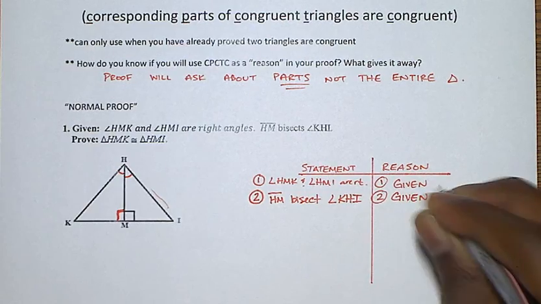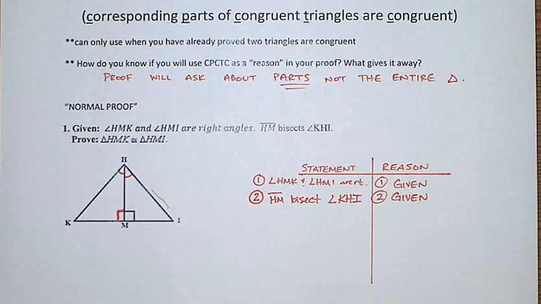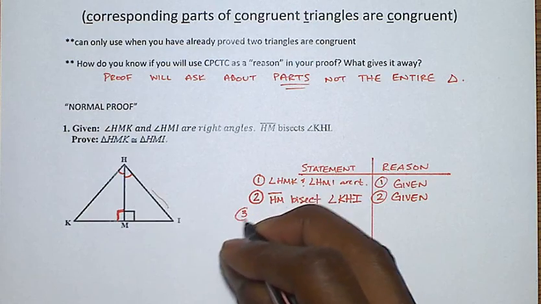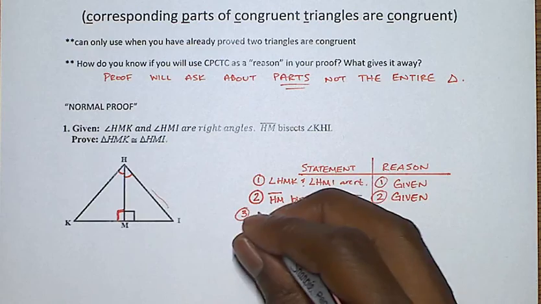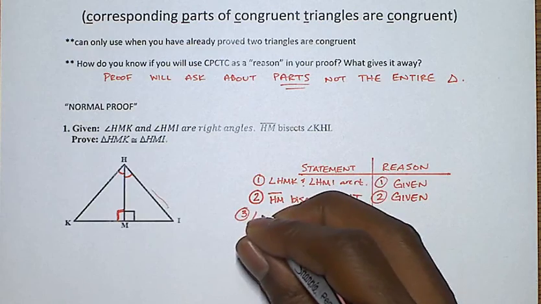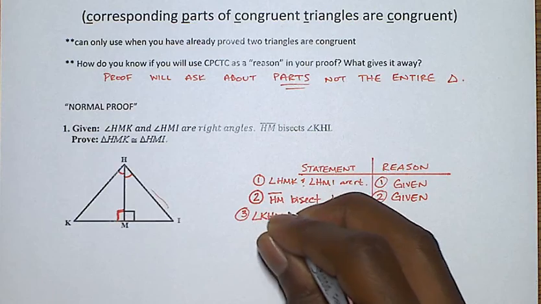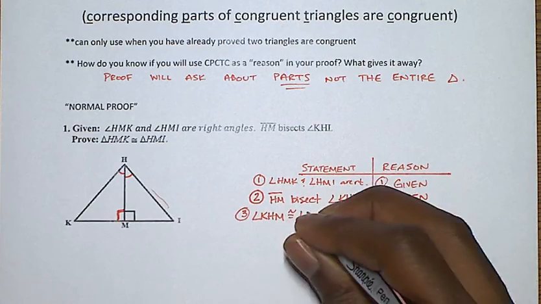But that doesn't tell me that I have these two angles congruent. So now I need to say in step 3 that angle KHM is congruent to angle IHM.